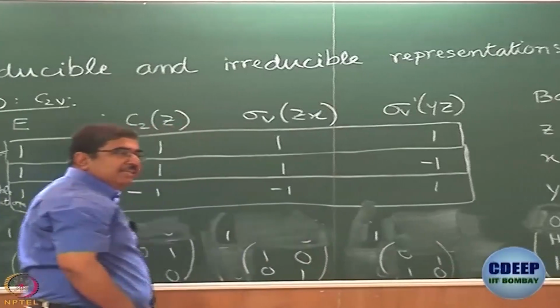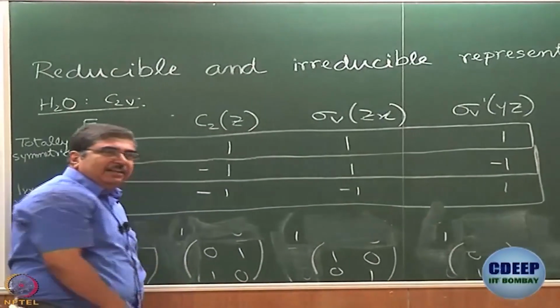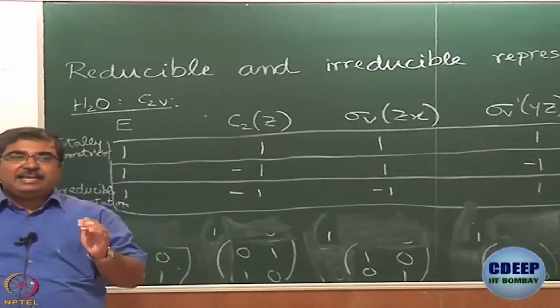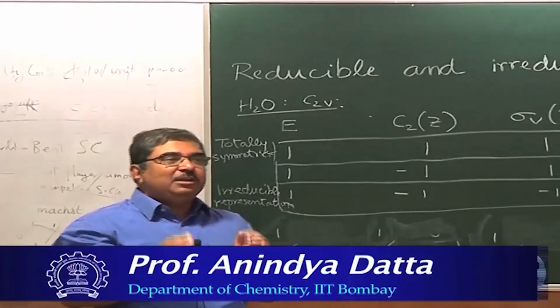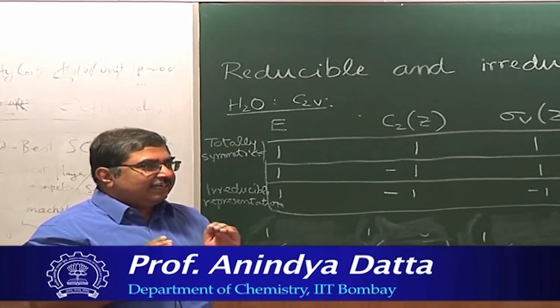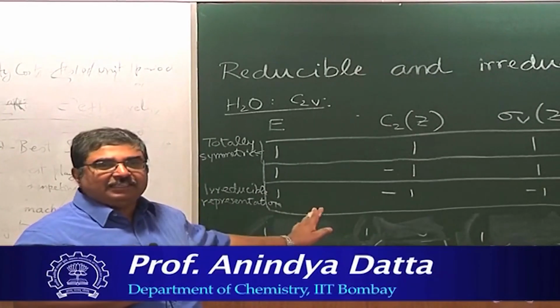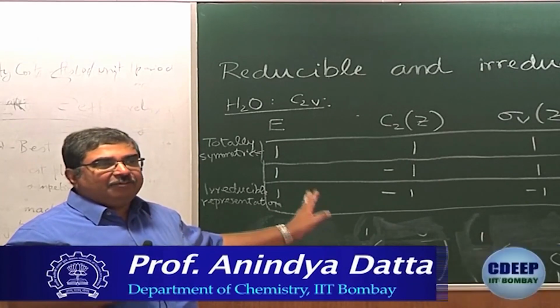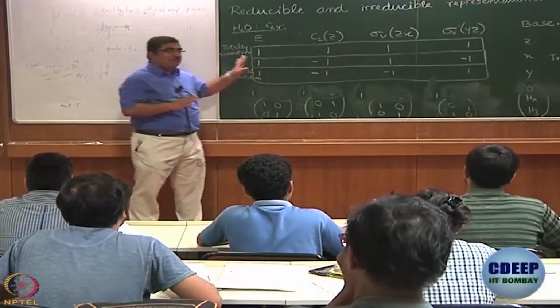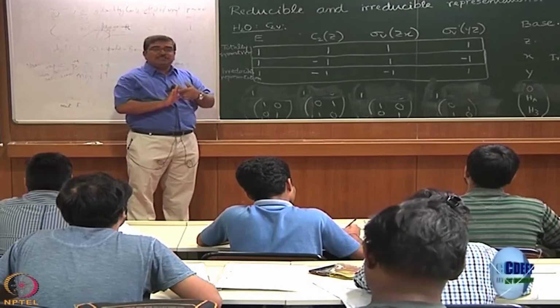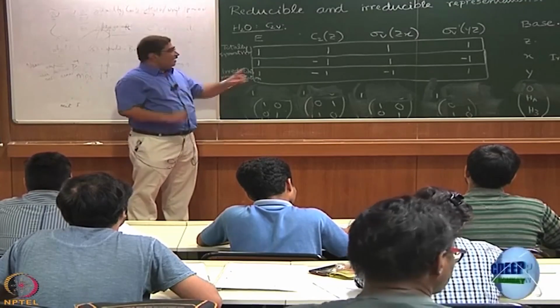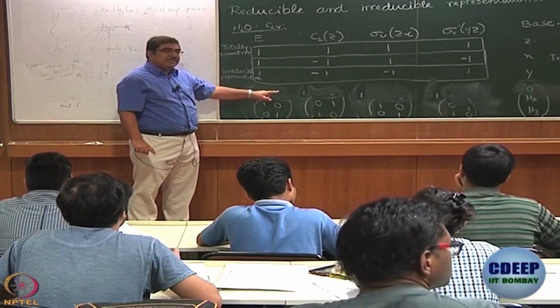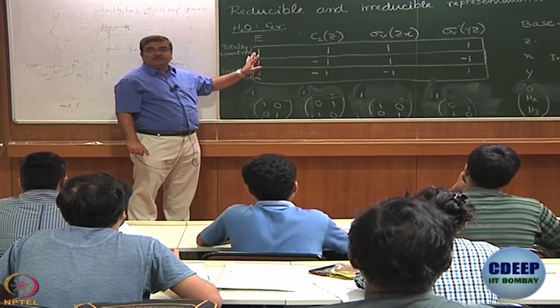Okay? So, what we see is that in the treatment that we have done, HA and HB jointly form a two-dimensional basis that gives me a two-dimensional representation. Are we clear with that? Now, what are the things we have understood? First of all, the representations you get depend on the basis that you use, right.